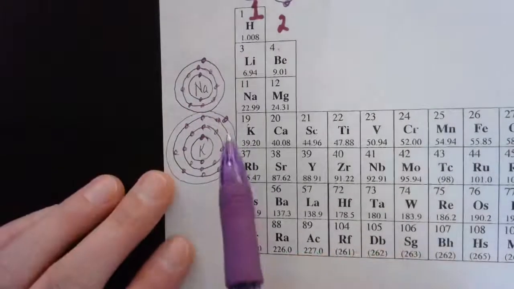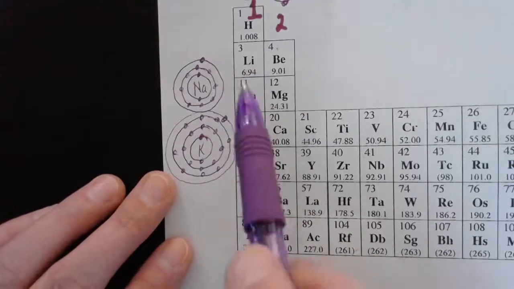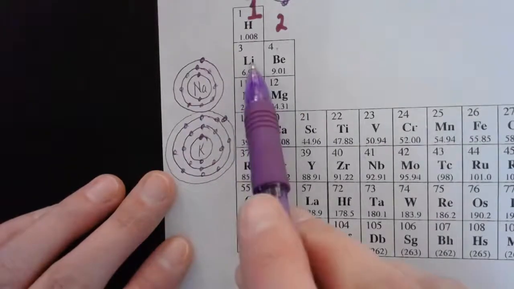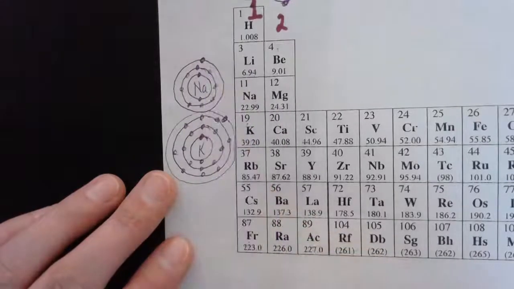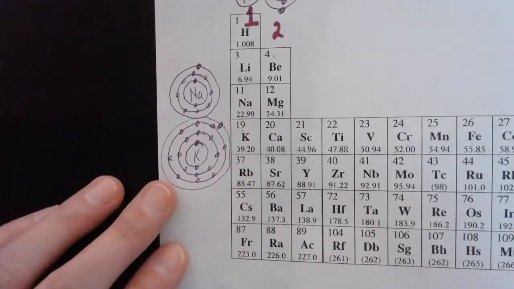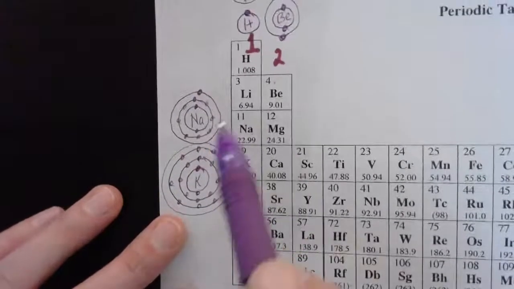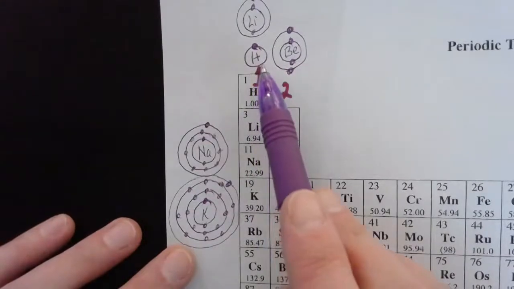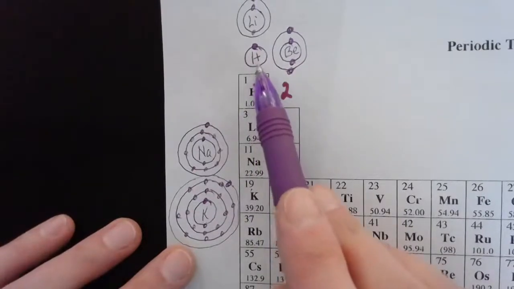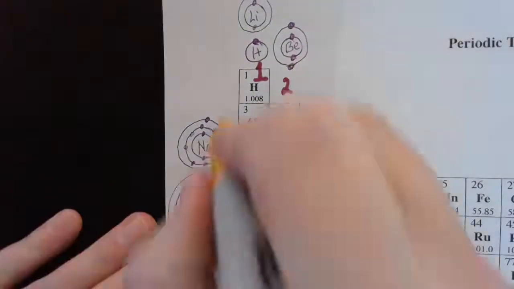So we notice that here in the first column, they all have one valence electron on the outside. How many energy levels or orbitals does hydrogen have? One.